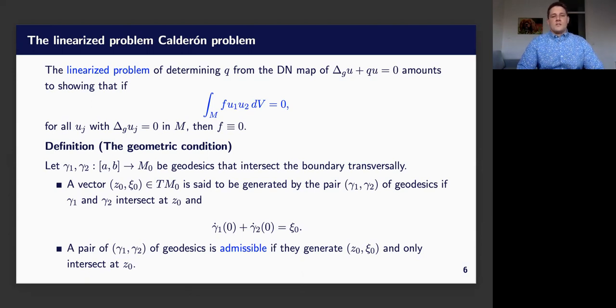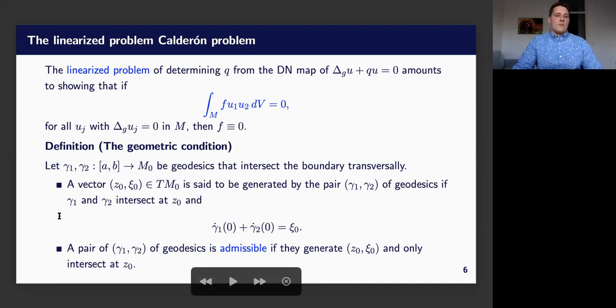Now the vector z0 psi 0 in the tangent space of the transversal manifold, so M0 was the transversal manifold, it is said to be generated by a pair of geodesics gamma 1 and gamma 2 if gamma 1 and gamma 2 intersect at this point z0 and the velocity vectors of these geodesics at that intersection point sum up to this vector psi 0.